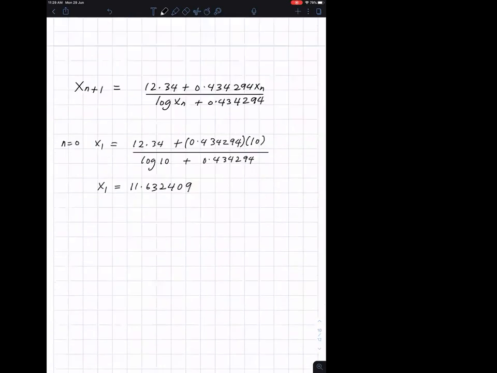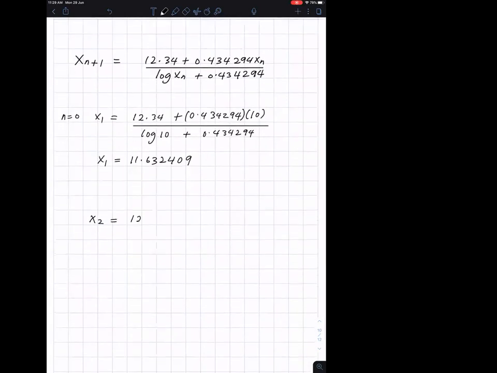And for the next one, use the same formula.